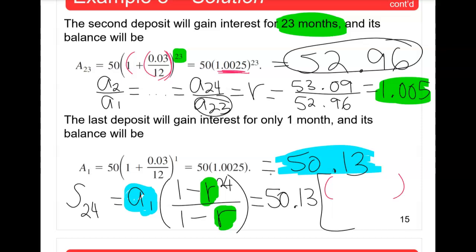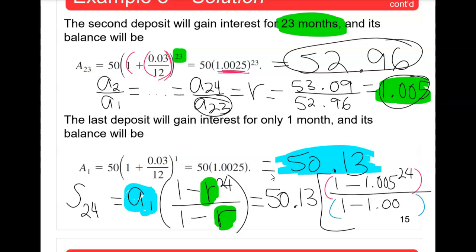So that's going to be 1 minus the common ratio, which is 1.005 to the power 24, close parentheses for the numerator, then we'll divide, open parentheses for the denominator, and we will be dividing by 1 minus 1.005 just to the power 1, so no need for an exponent there.